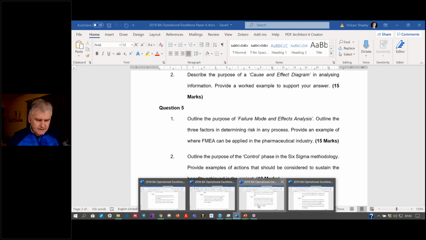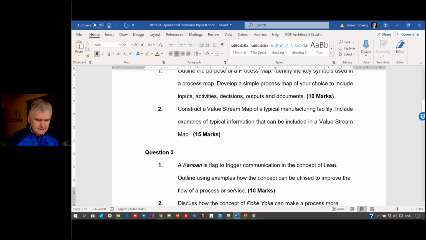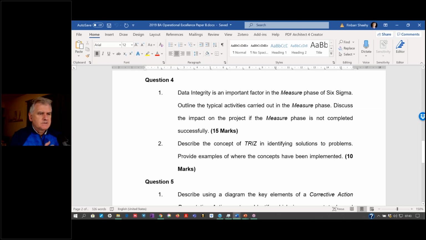Let's look at a few more here that are related to this. This is from 2019. Data integrity is an important factor in the measure phase. Outline typical activities carried out in the measure phase. Discuss the impact on the project if the measure phase is not completed successfully.